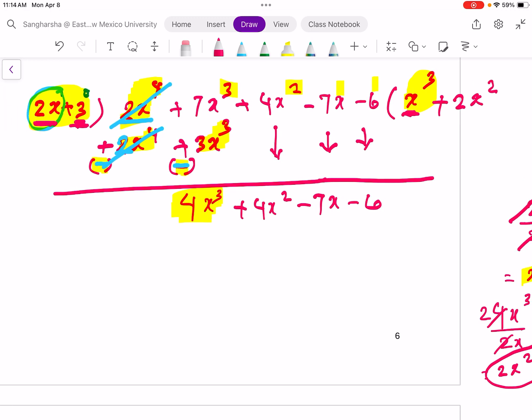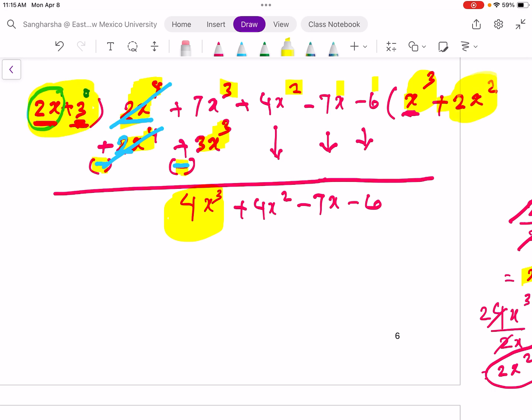So you take the first term, the leading term, of this new dividend, and you divide this leading term by the leading term of the divisor. You write the result in the quotient. Now you use this term, only this term, to multiply every term of the divisor.